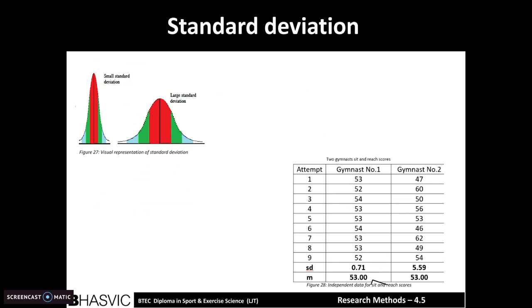Shown on the graph, this is how the two standard deviations can be represented. Hypothetically, the larger standard deviation, 5.59, can be conveyed on the wider graph. This is because the values are more spread out from the mean, and as we know from the normal distribution curve, the mean is the value right down the centre of the graph.